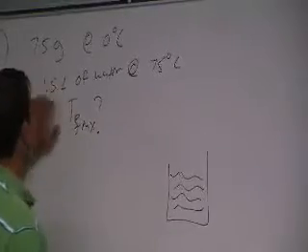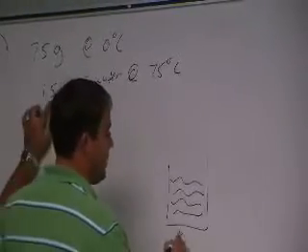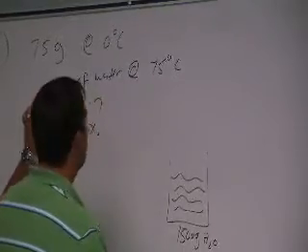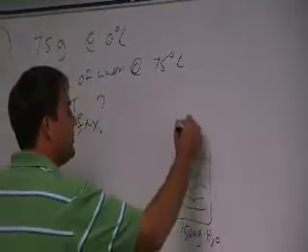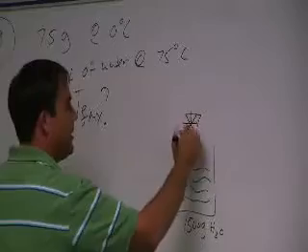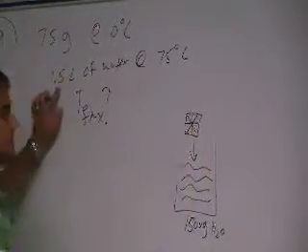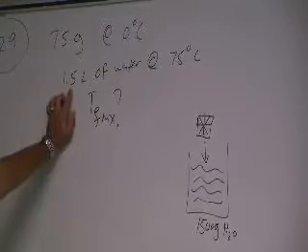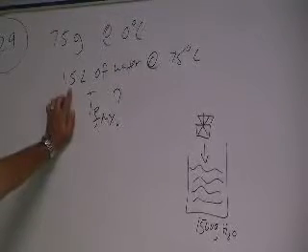Now I want to change the water to mass, so that's 1,500 grams of H2O. And then you're going to take this hunk of ice right here and put it inside of that water. And it wants to know what the final temperature of the water would be.